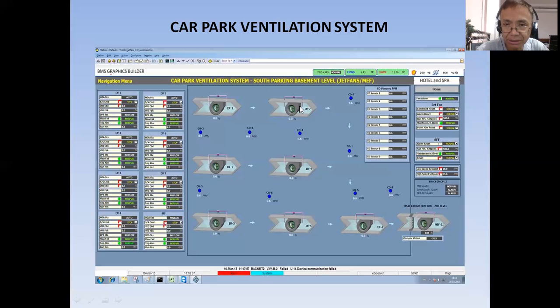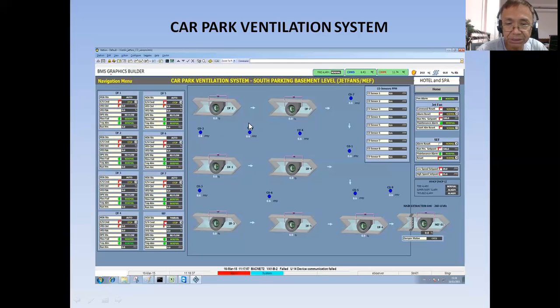During fire, all these jet fans and the extract fan will run at high speed. So how will it run at high speed? During normal ventilation, these fans are running at low speed, which is 25 hertz.